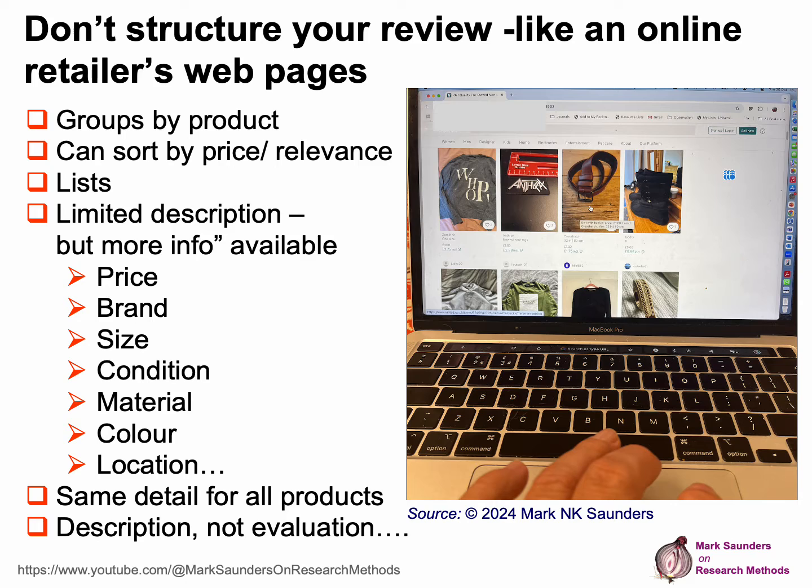And when they do that, we can look at the price, the brand perhaps, the size if it's a clothing online retailer, the condition if it's selling both new and second hand, the material it's made of, the colour, the location where it is, and so on. But what we see, and this is a crucial thing, whether it's an expensive product or an inexpensive product, there's the same detail available for all. And what we're seeing here is description rather than evaluation.